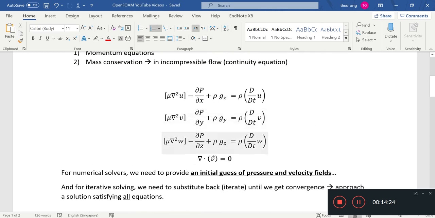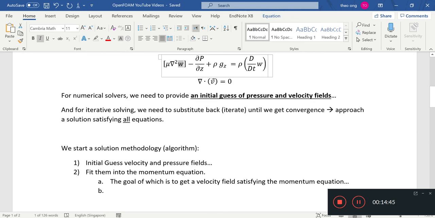So what we are doing is that we have the pressure field, P of X, Y, and Z, and we have an initial guess of both, and we want to get a velocity field knowing U, V, and W everywhere, the three components of the velocity field in every direction.